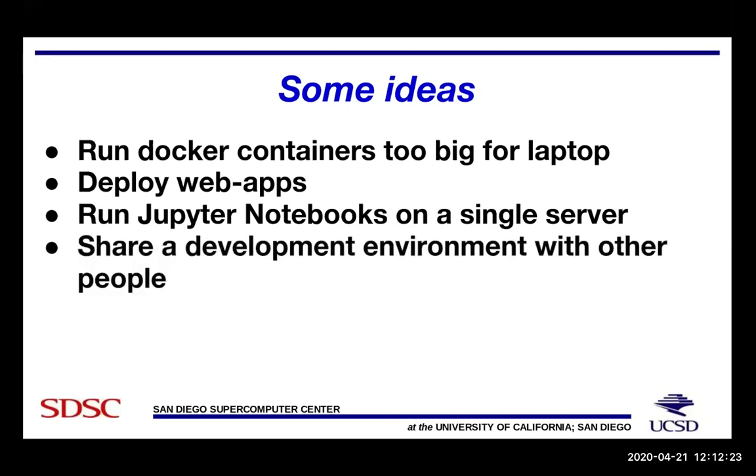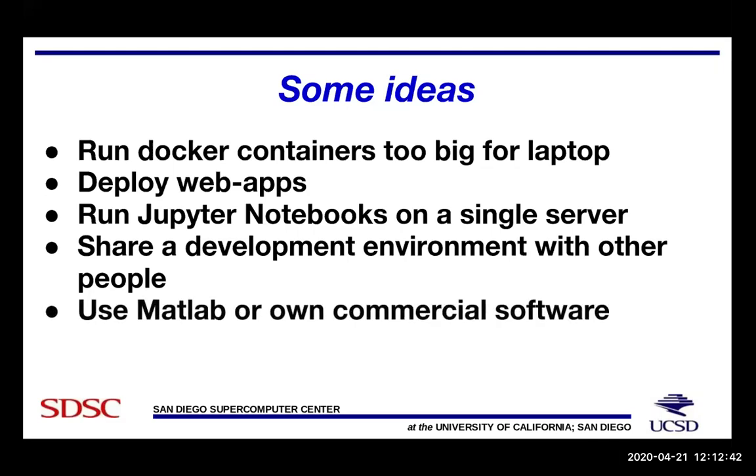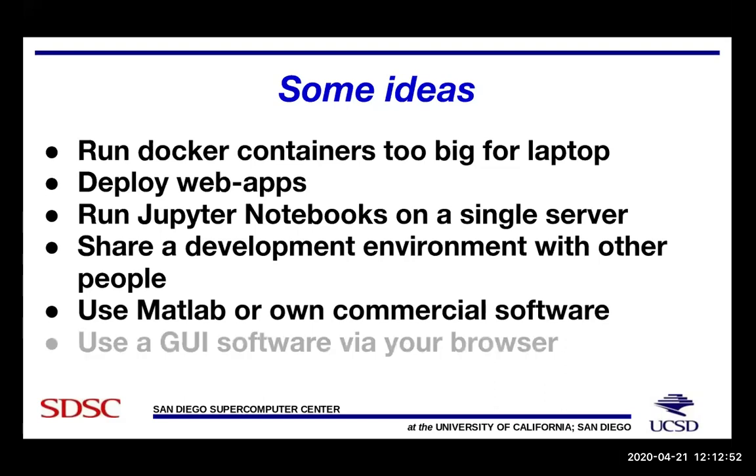Or you can use this as a shared environment where someone can maintain a software environment and people can connect to that. Okay, but still it's just a single machine, so resources are a bit limited. Or you can use that to deploy commercial software that has a license, so that some people can connect to that and use that software.